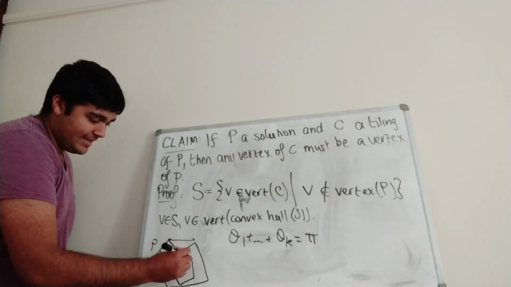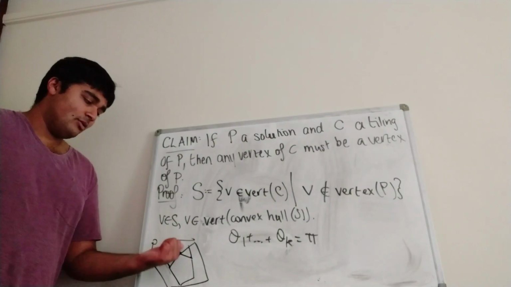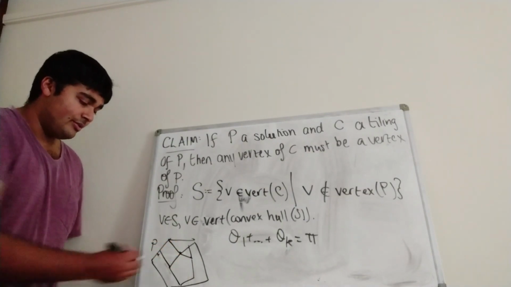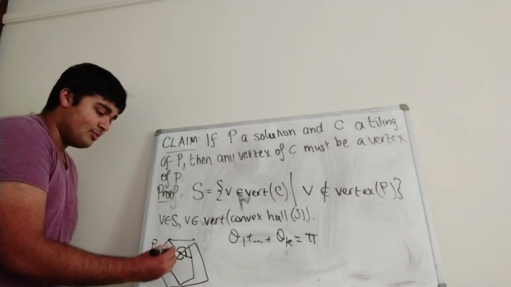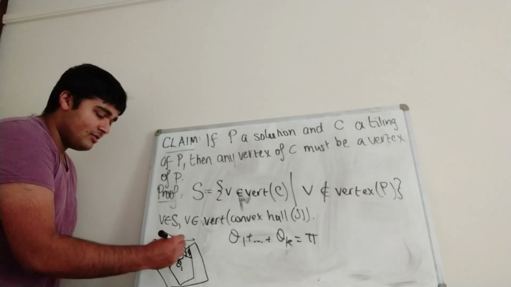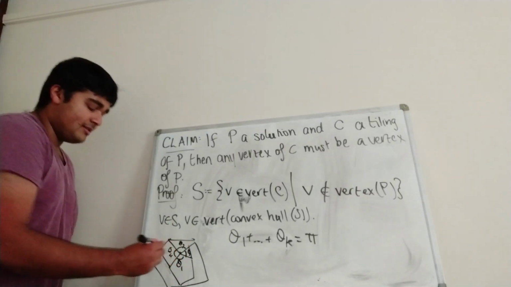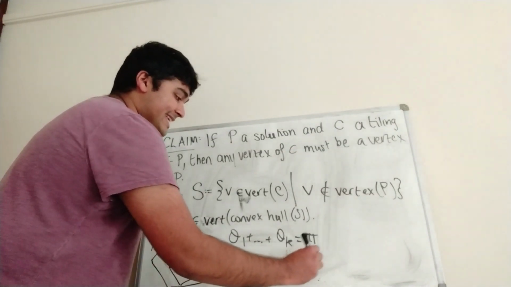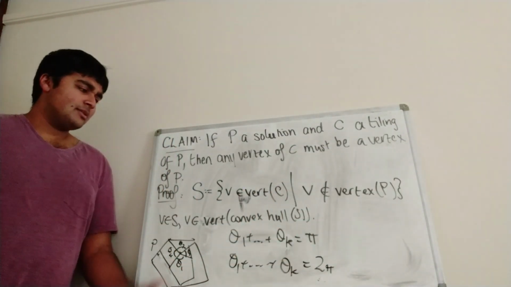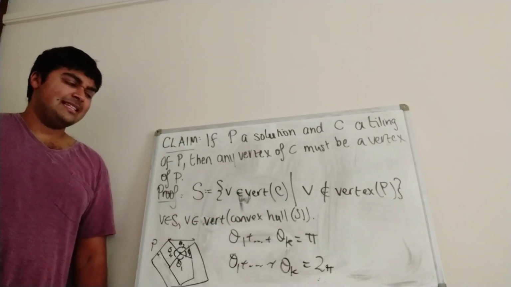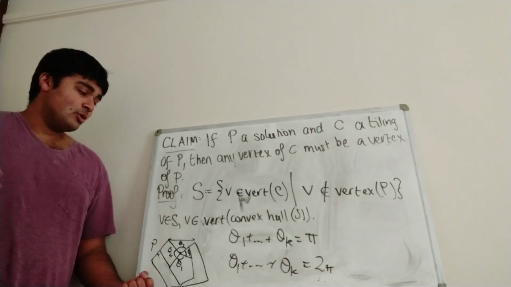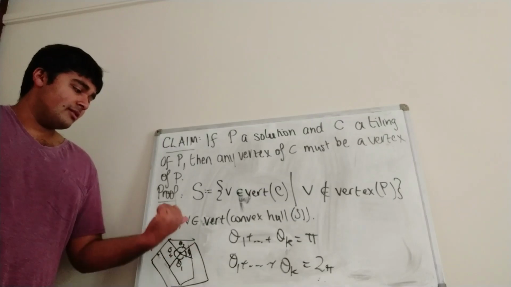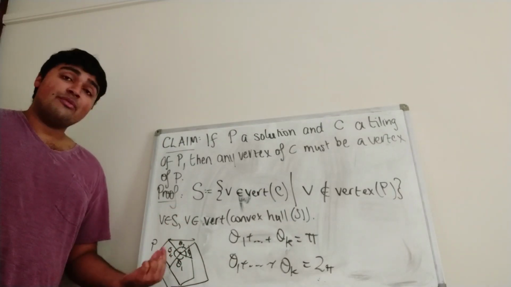Basically all these angles here are going to add up to 360 degrees, so 2 pi. So if this is θ1, θ2, θ3, and so on up to θk, then θ1 plus all the way up to θk is 2 pi. So in other words, when I add up θ1 all the way up to θk, it's either going to be equal to pi or 2 pi, depending on whether V is on the boundary or in the interior.